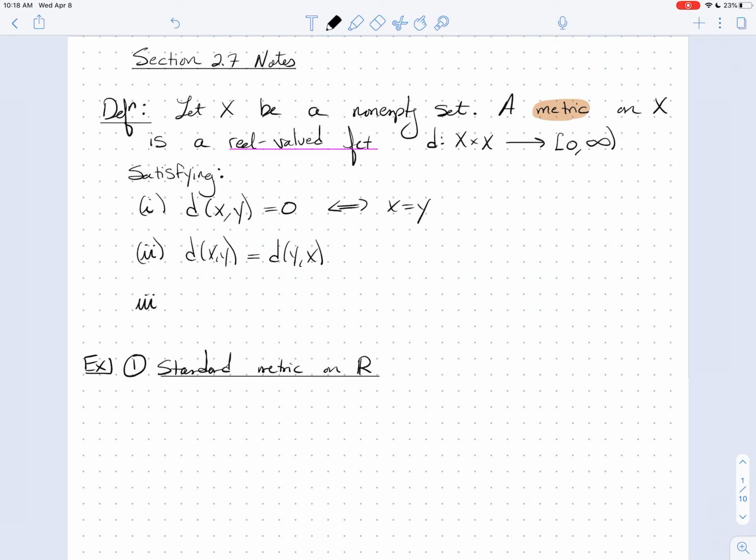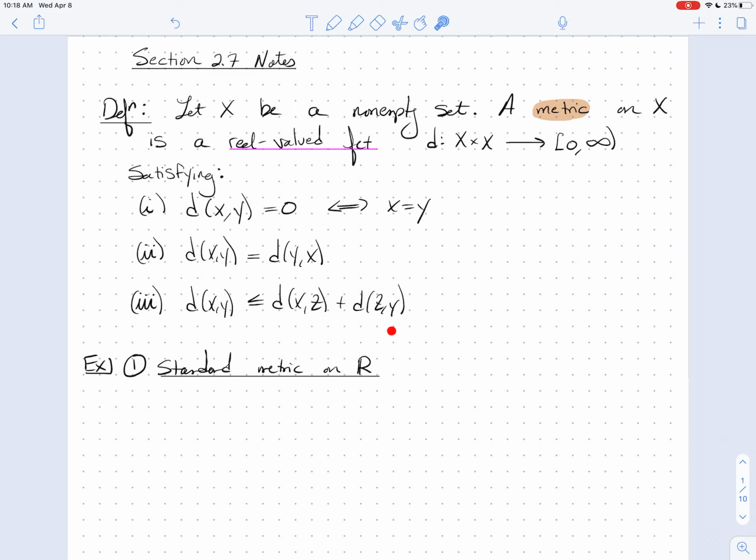And the final property is known as the triangle inequality. It says that if you have the distance between 2 points, that should be less than or equal to the distance between x and some other point z plus the distance between z and y. Take a moment and see how this fills in.